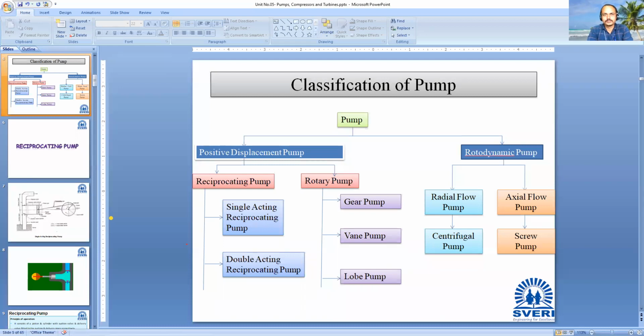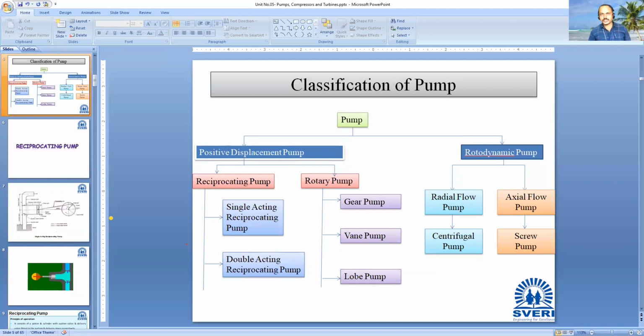Full stop. Next sentence: pumping means adding pressure energy to the liquid.